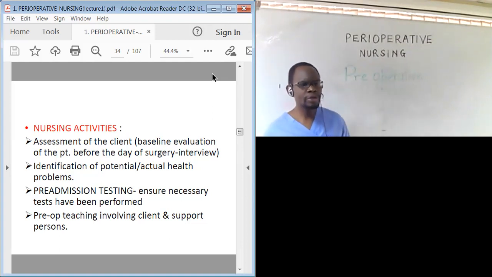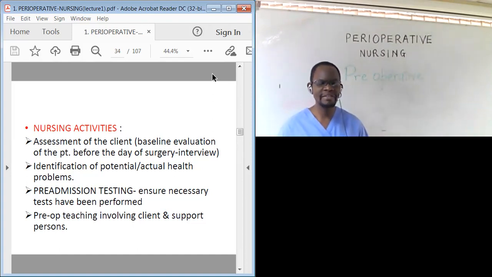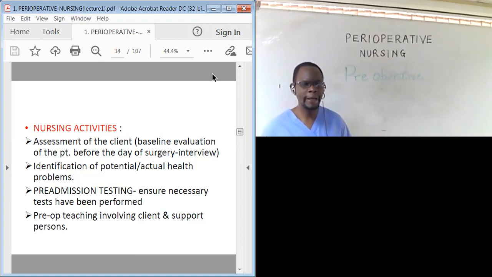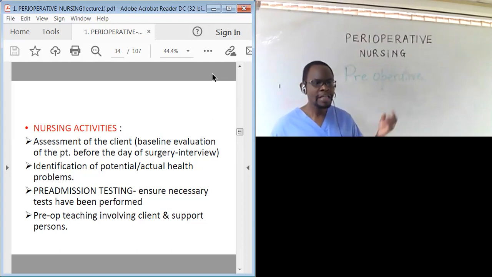Now you also need to identify potential health problems that this patient has. Does this patient have any risk factors that we have talked about? What are the needs of this patient who is to undergo surgery? Things like pre-admission testing.